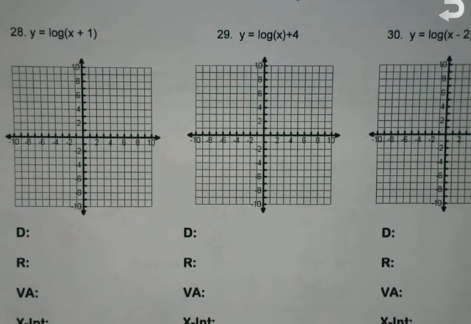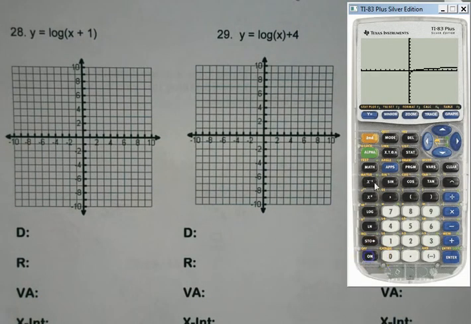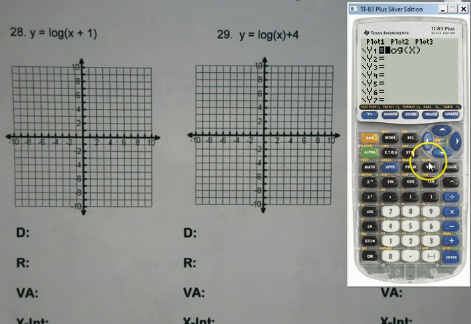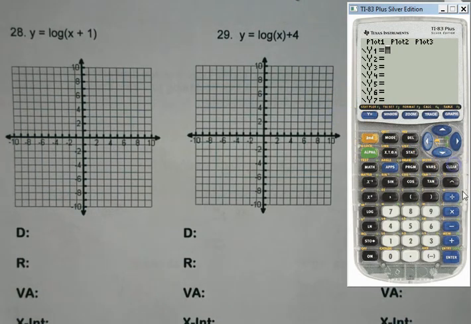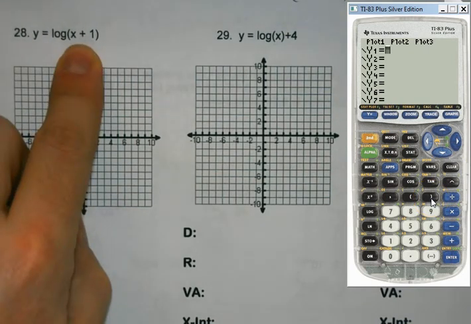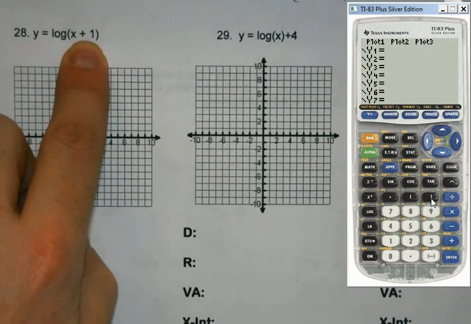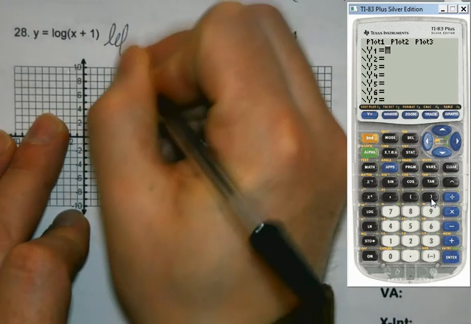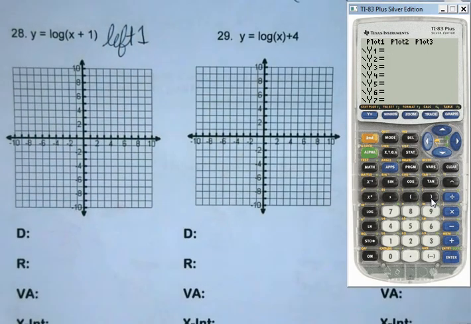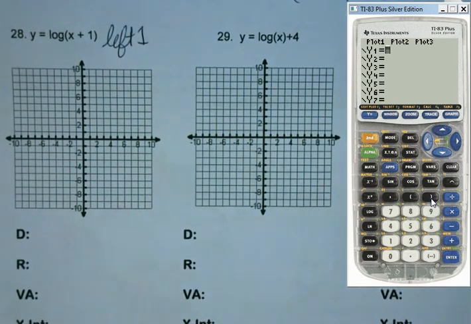I mean, it'd be silly not to. But when I get here, I should be able to figure out a few things. First thing, what shift does that represent, that +1? Okay, left one. So again, when it's in the parentheses, it's going to be the opposite of what we might necessarily think.